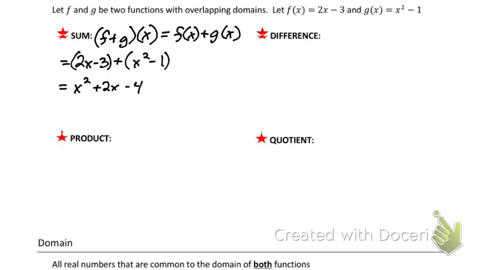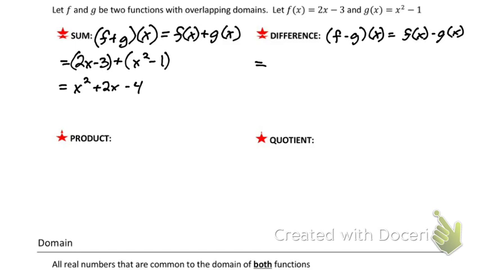The difference is going to be the same, except we'll have a negative sign in front of that g. So we do f minus g of x, which would also just be f of x minus g of x. Here's where you really want to make sure you're using parentheses to substitute stuff in.